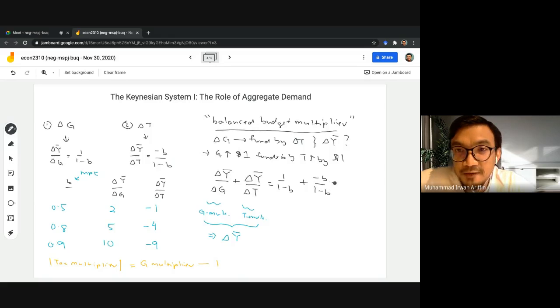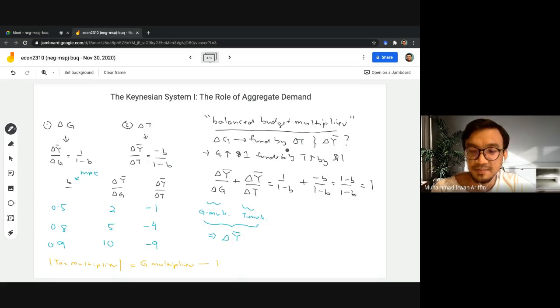So we have 1 minus b over 1 minus b, which is 1. This is how we get the balanced budget multiplier. If the government increases expenditure by 1 unit and it is funded by a 1 unit increase in tax, this will destroy the multiplier effect. So the increase will only be by 1 unit correspondingly.